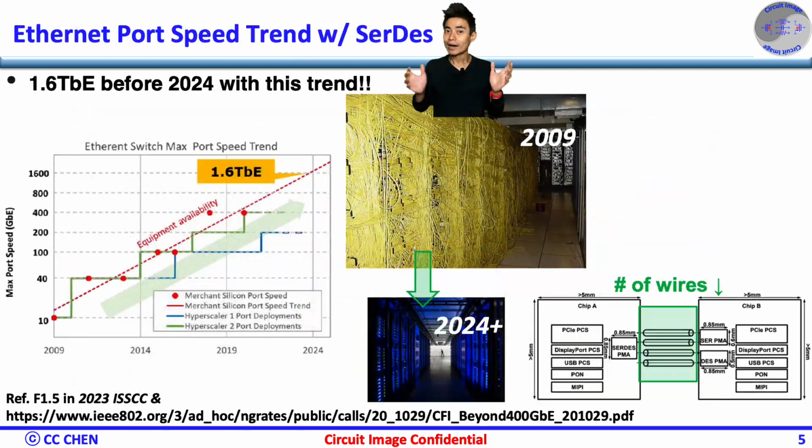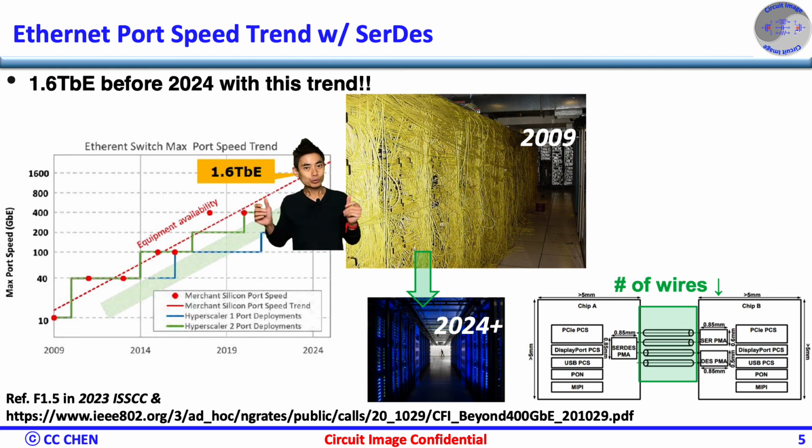One of the wireline systems pushing the SerDes speed higher is Ethernet, owing to the higher demand in the data center driven by cloud computing or AI. The speed requirement will reach 1.6 terabit Ethernet.